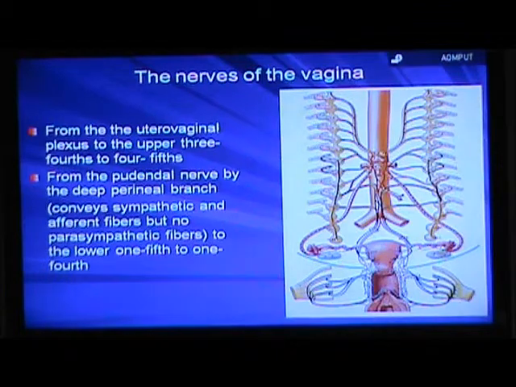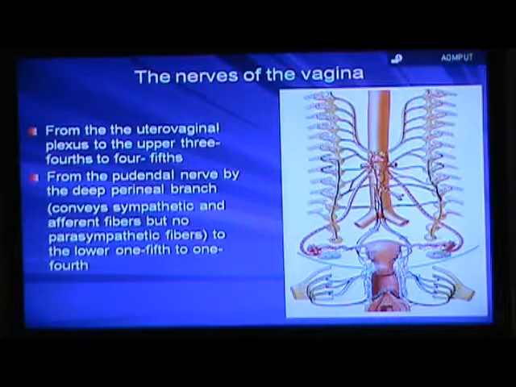The nerves of the vagina are from the uterovaginal plexus to the upper 3/4 to 4/5. The lower 1/5 or 1/4 is supplied from the pudendal nerve by the deep perineal branch. This deep perineal branch conveys sympathetic and afferent fibers, but not parasympathetic fibers.